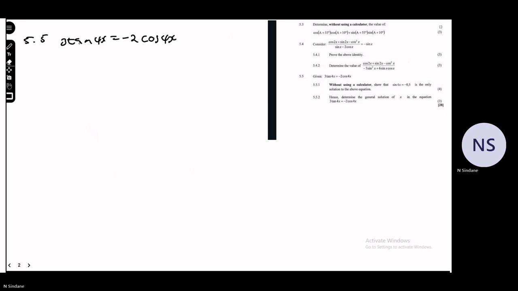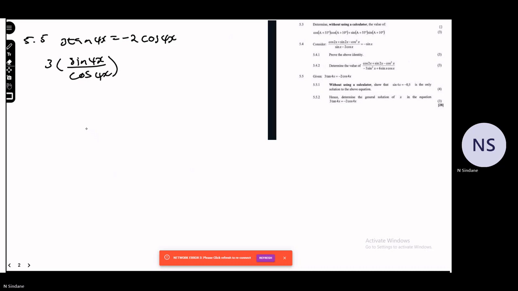Okay, let's see. In this case, what can we do? The first thing is to convert this. We know that 3 should be outside, it's fine. This will be sine of 4x over cos of 4x, equal to negative 2 cos of 4x.